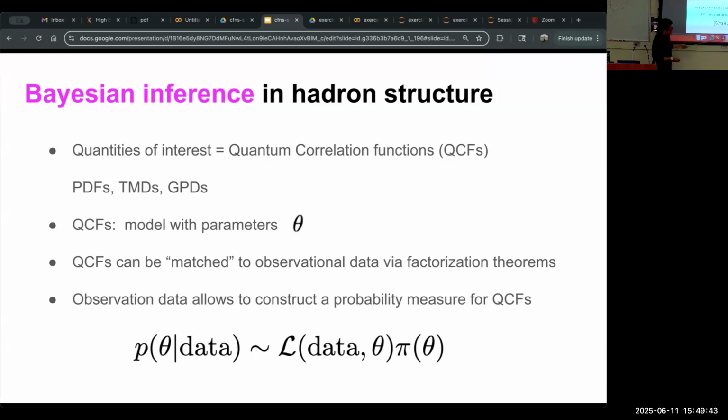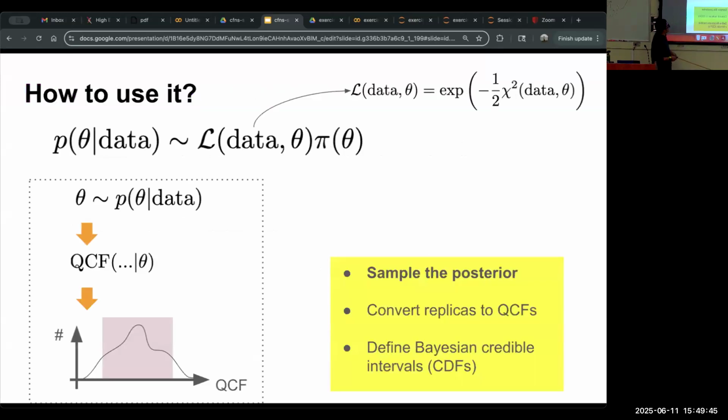For the likelihood function, typically you can define a chi-square, something like data minus theory squared, right? And that gives you the likelihood function. And that's it. You now have a probability measure in the space of the parameters. And let's say this is maybe 20, or it could be 200 dimensional. In parton densities, it's easy to get all the way to 200 dimensions, for instance.